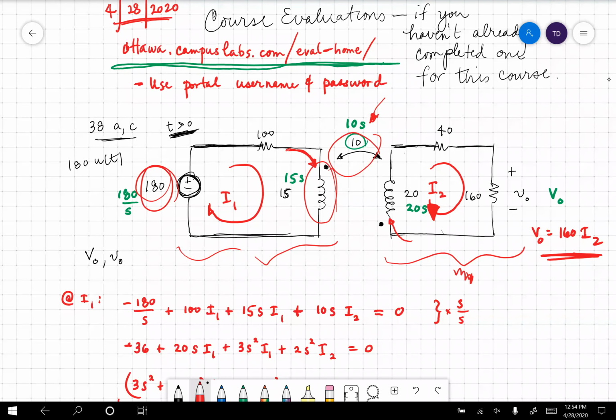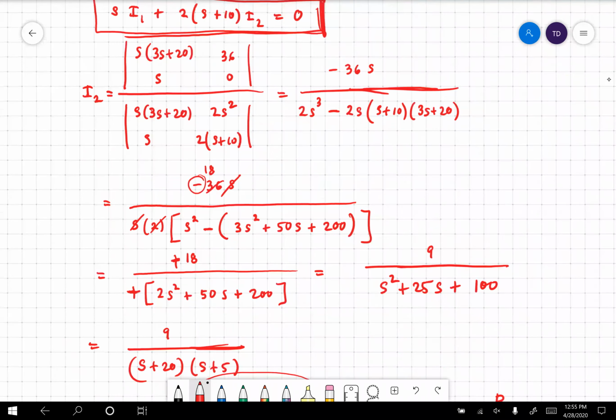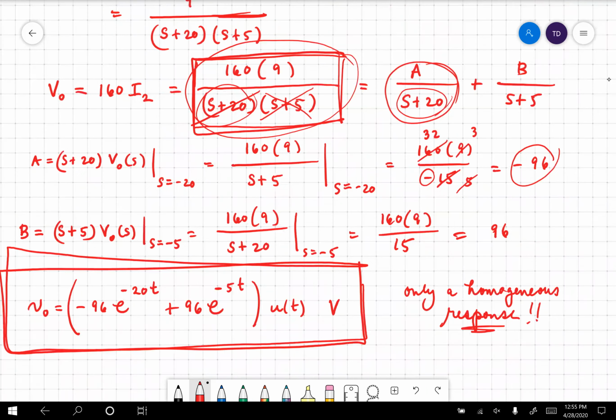The way that energy gets from this side to this side is through this inductor. And what does that inductor look like to DC after long enough time? It looks like a short circuit. What's the voltage across there? There is no voltage. So it's inducing nothing over here. So you're not getting a DC part. That's why all you have is a homogeneous response in this particular circuit.